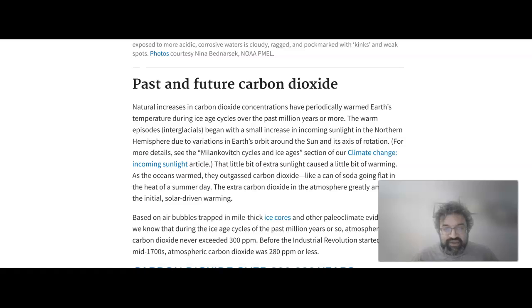This was due to variations in Earth's orbit around the sun and its axis of rotation. For more details, the Milankovitch cycles and ice age section of our climate change incoming sunlight article will provide more information, if you wanted to look over that.